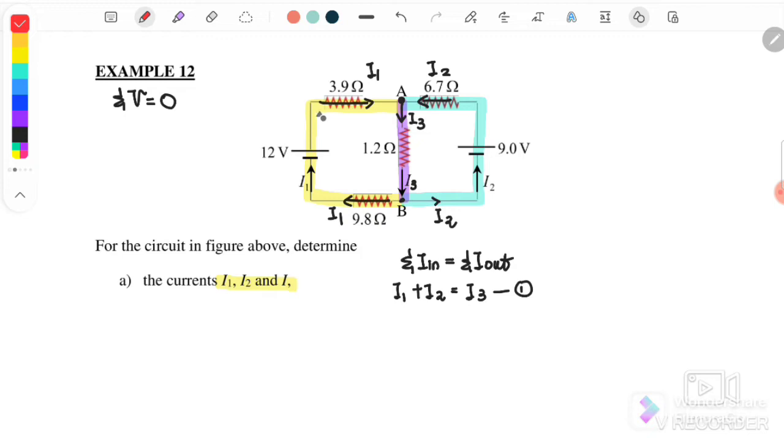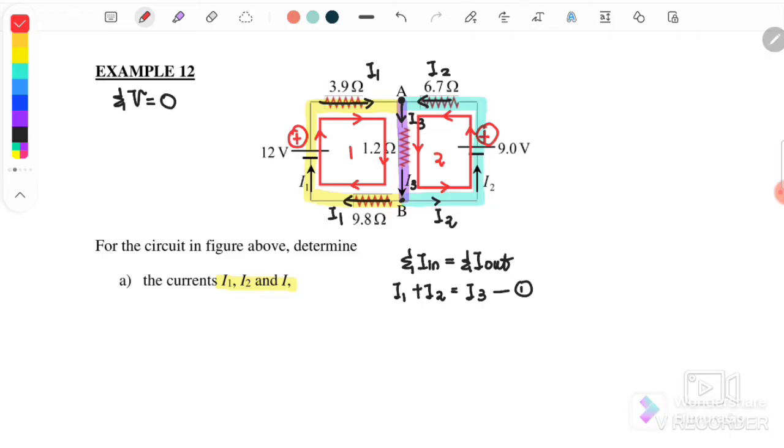For the first loop, I prefer clockwise because I want to come out from the positive terminal of the battery. So I will choose clockwise for loop 1. For loop 2, I prefer anti-clockwise, because I prefer the direction of the loop to come out from the positive terminal.